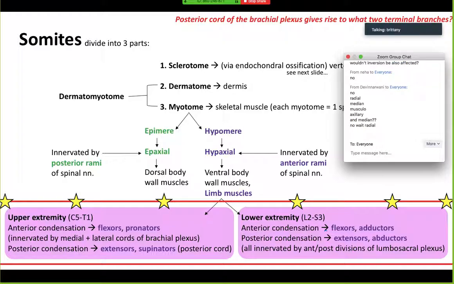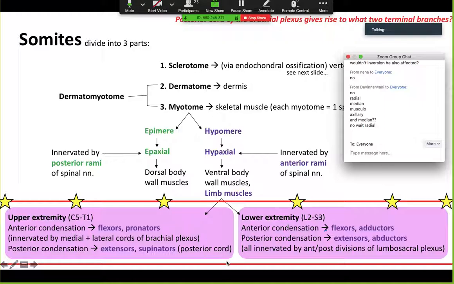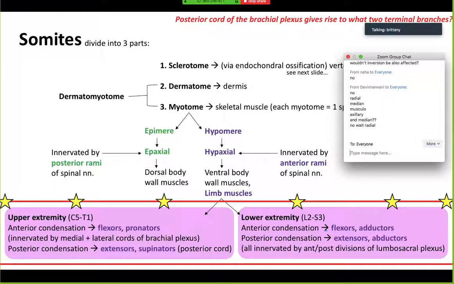Think about, yeah, right, radial. Awesome. So axillary and radial nerve are the two nerves associated with the posterior cord. So what is axillary nerve innervating? Deltoid. Yes, teres minor. Good job, you guys.